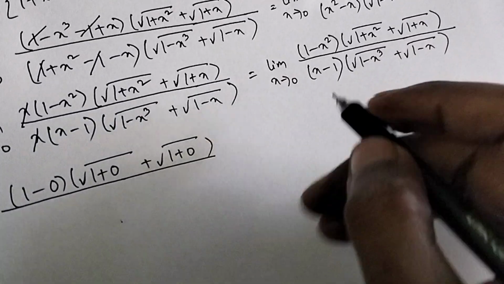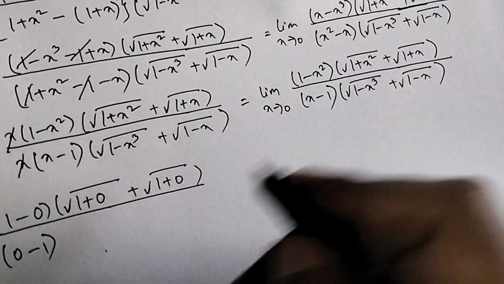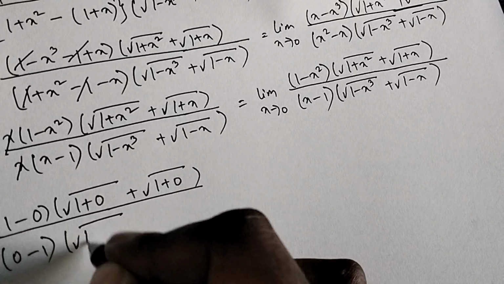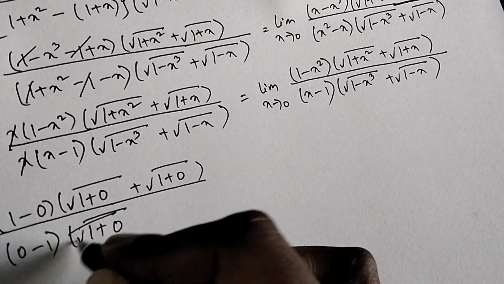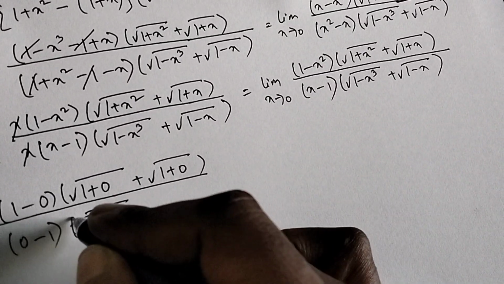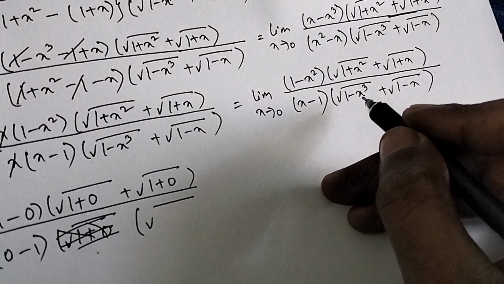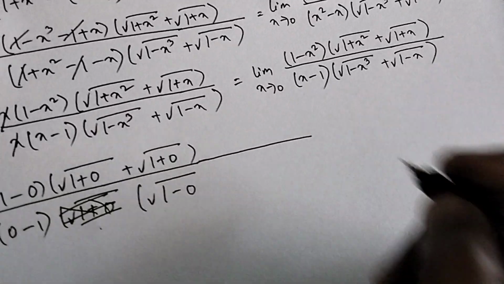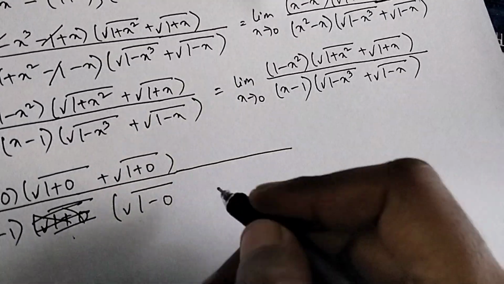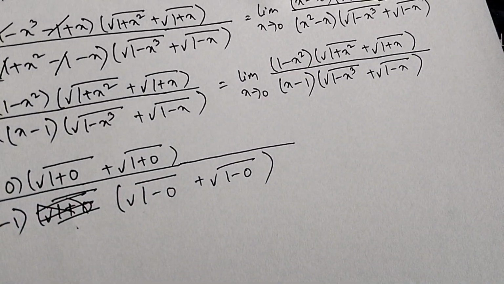Here 0 minus 1. 1 minus 0 cube is 1, plus 1 minus 0 is 1.